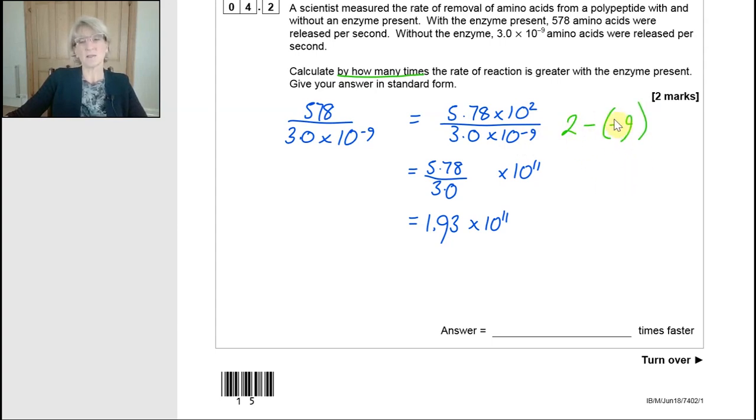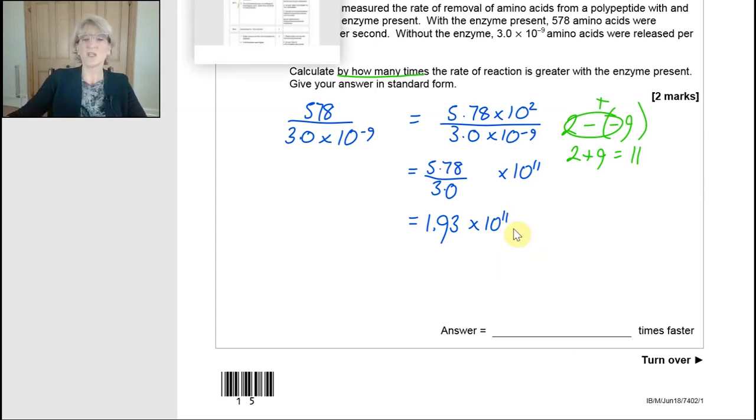And two minuses, I was always taught, make a plus, so 2 plus 9 equals 11, which is where this number comes from. So now I am just dividing this by this, and that gives me my answer of 1.93 times 10 to the 11, which I know is correct, so I'm going to give myself the 2 marks.